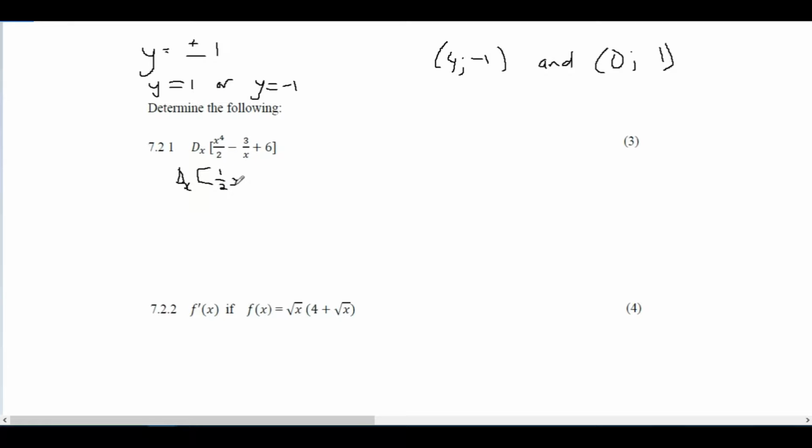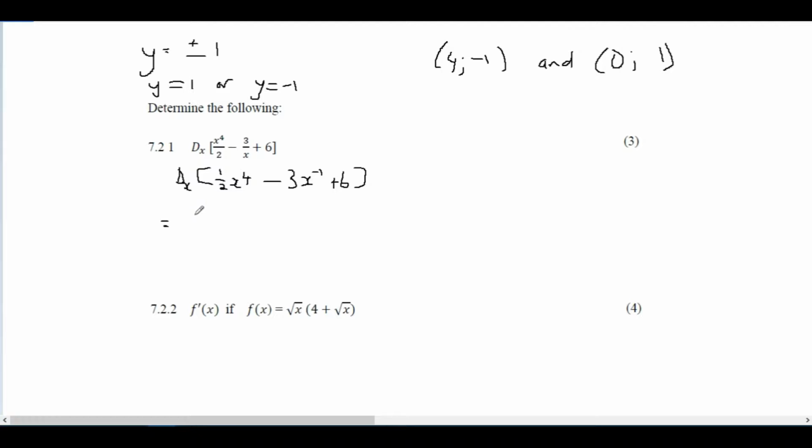We're going to have x to the power 4, and then we bring the x up, so we're left with 3x to the -1, and 6 remains the same. Now we apply our power rule, so this equation is equal to, and we can write the equal sign here because this derivative is acting upon what's inside the bracket.